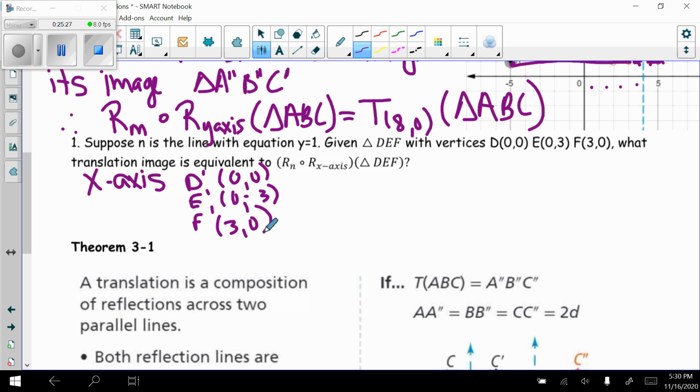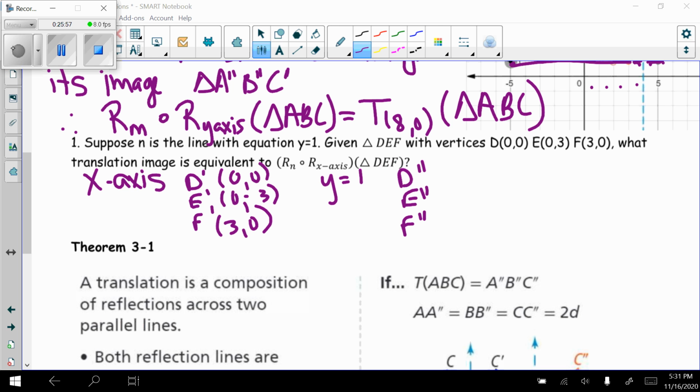Now I'm going to reflect on the line y equals 1. Each of these points, D double prime, E double prime, and F double prime, I'm reflecting over a horizontal line, so I'm flipping it up.